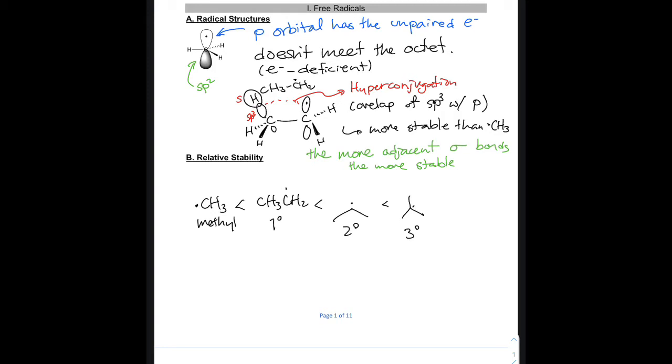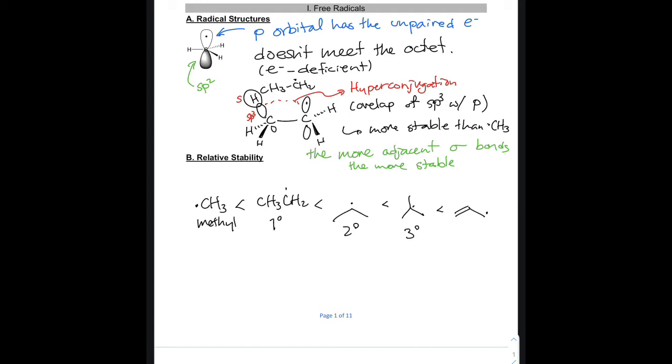Now, here's a question for you. Do you think the tertiary radical is the most stable? Well, it turns out it actually isn't, because of resonance capable radicals. Do you guys remember what this is called? The position right next to the vinyl group, the alkene or double bond, remember, that's called the allylic group.